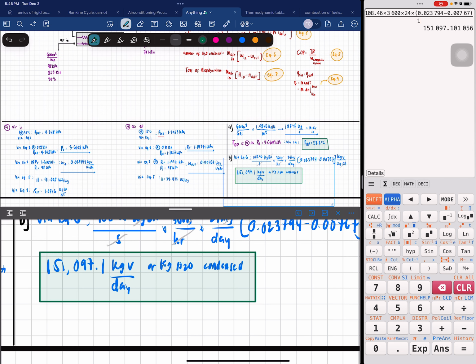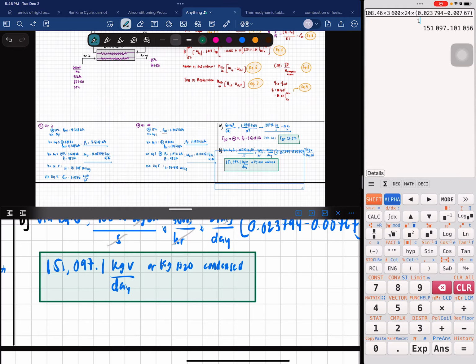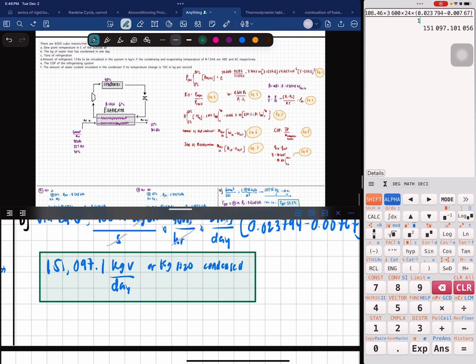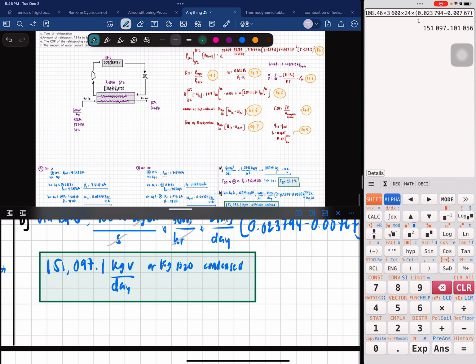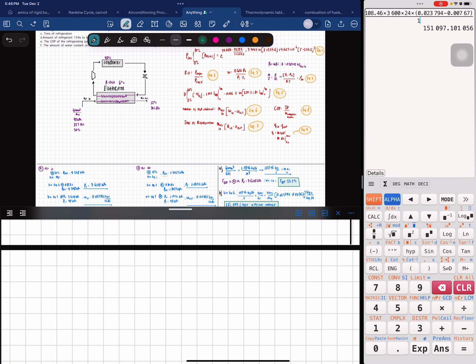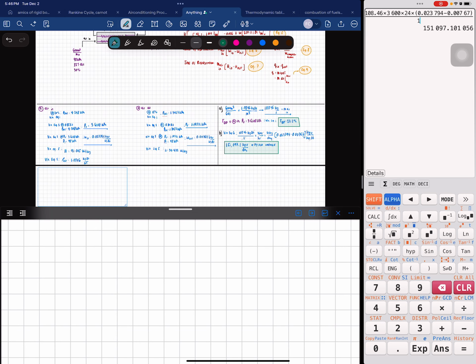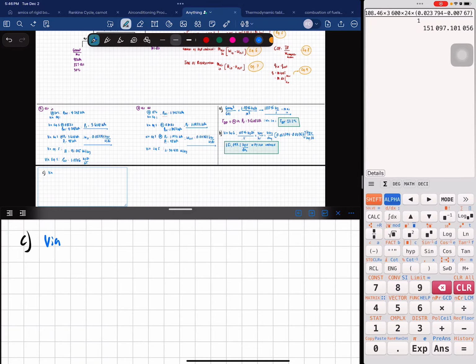Okay, what else? Let's try letter C: tons of refrigeration required. Again, we're talking about energy, so we'll be using enthalpy. Tons of refrigeration, again via equation 7.